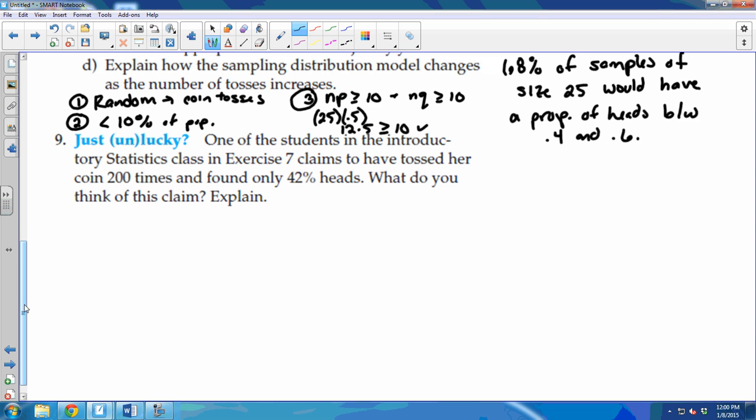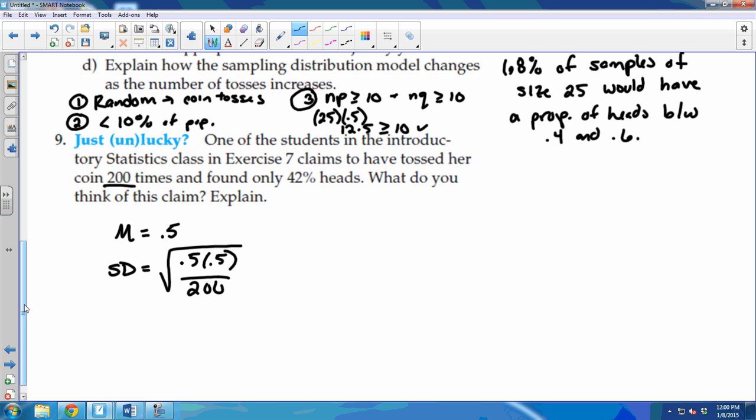We talk about standard deviations. So I know my mean is 0.5, not 0.05. But my standard deviation is going to be different here because I have 200 tosses and not 25 or 64.